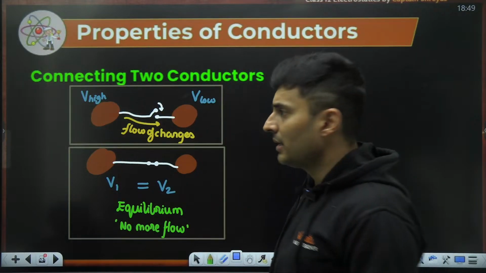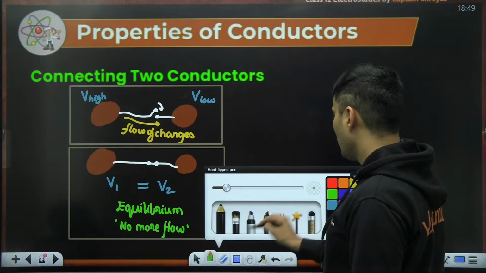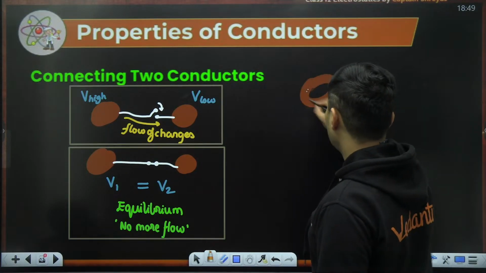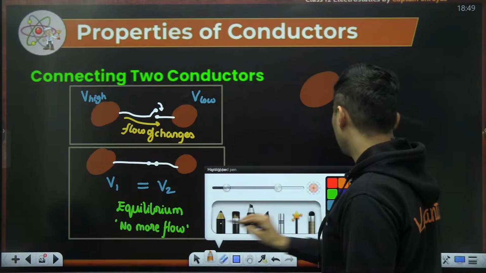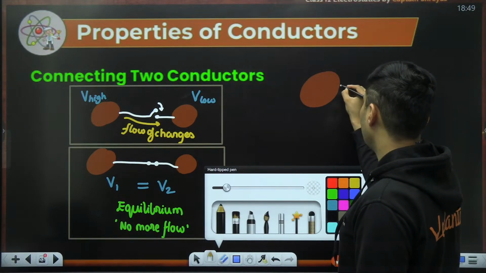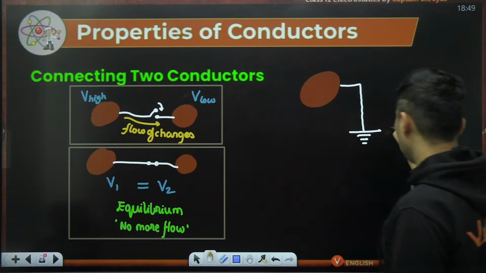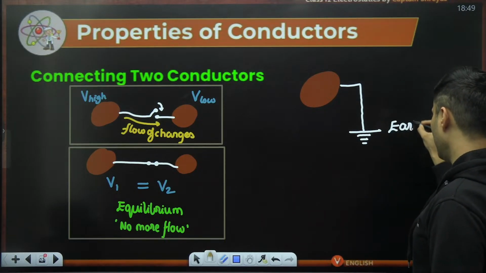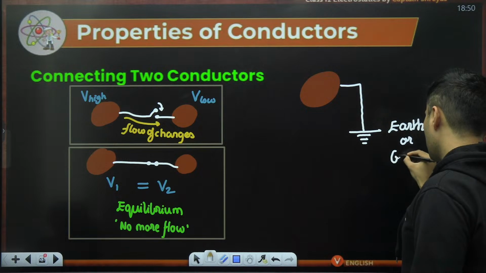Now, there is also another thing regarding this: if you take a conductor, but you connect that conductor to earth, this is called earthing or grounding.